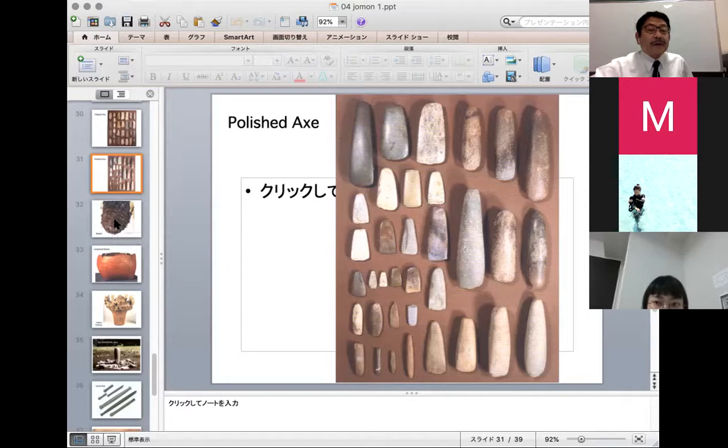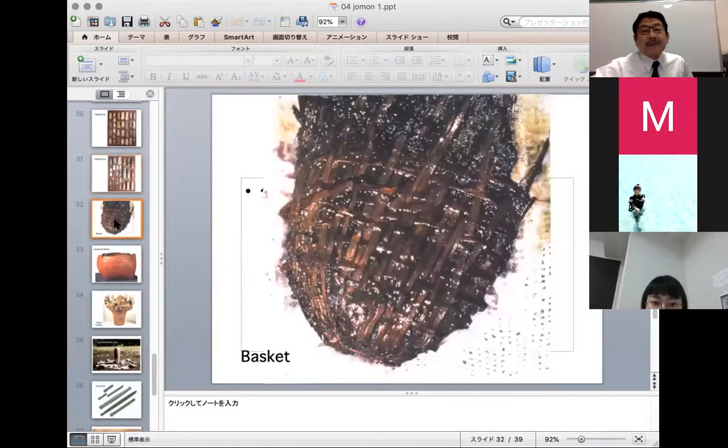And so many organic materials could be preserved in the waterlogged sites of the Jomon period. This is one example of a basket woven with tree bark, split into very fine strips. It's a woven basket. And you notice that it's not simple weaving.